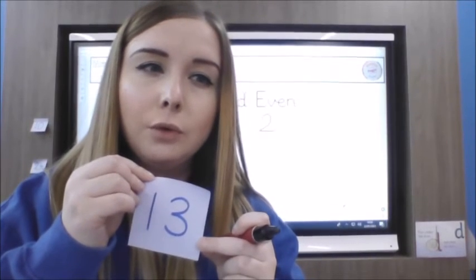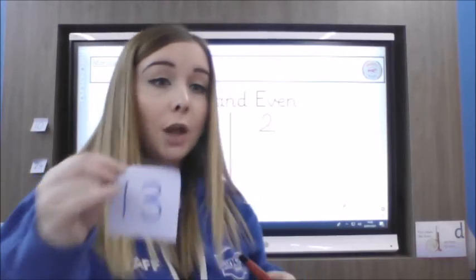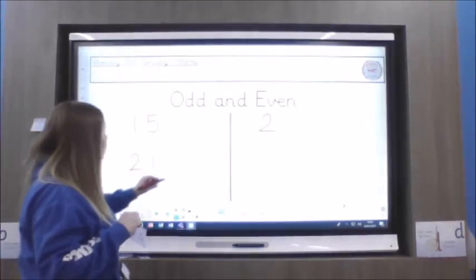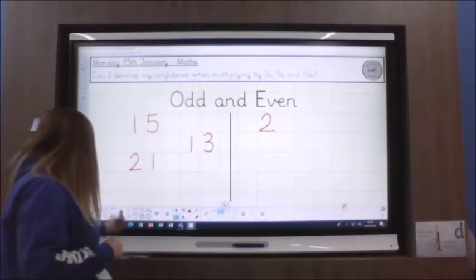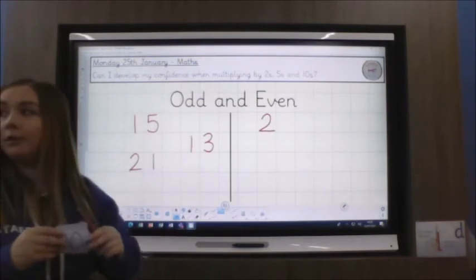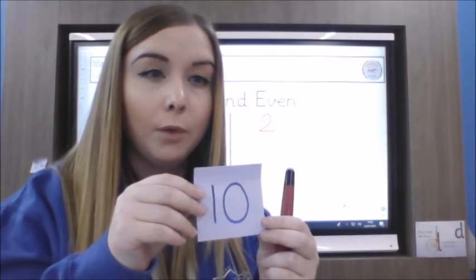Next one, 1 and a 3. That's it, 13. Do I say the number 13 in my 2s? Give you some thinking time. No, I don't. So that means it's another odd number. Next one then. So this number. Okay, number 10.